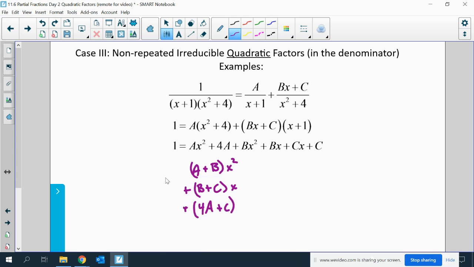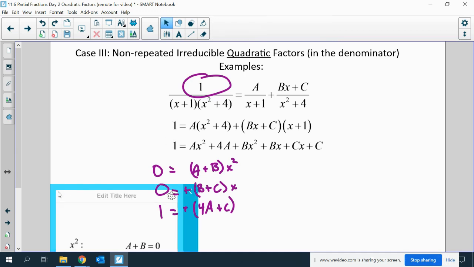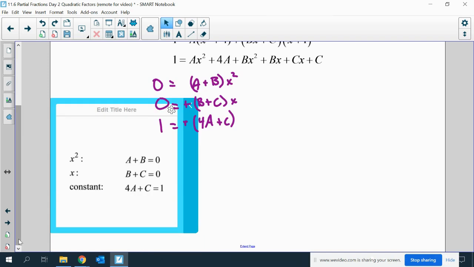So if I'm looking at what these have to equal, this has to equal 0 because there's no x squared term up here. This has to equal 0, and this has to equal 1.